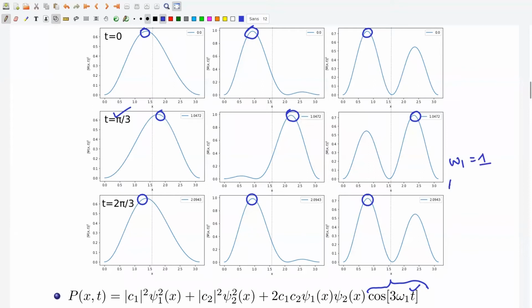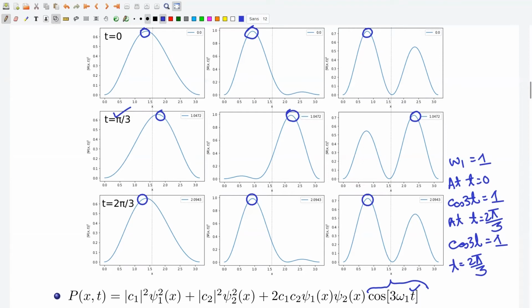In that case, at t equal to 0, cos 3t is equal to 1. Similarly, at t equal to 2 pi by 3, cos 3t is equal to 1. Thus, it takes t equal to 2 pi by 3 to complete a cycle and come back to the initial state.